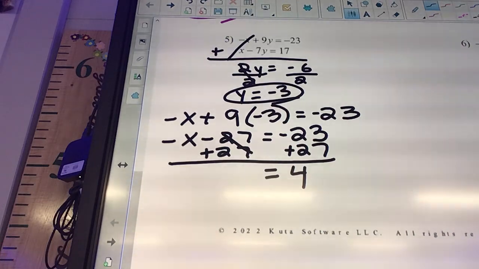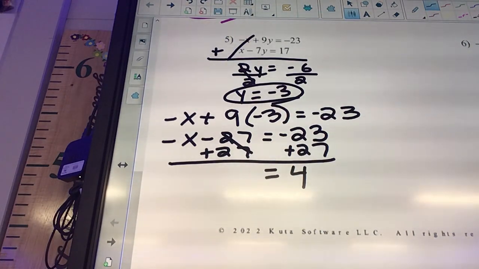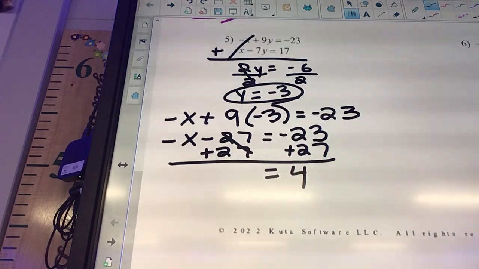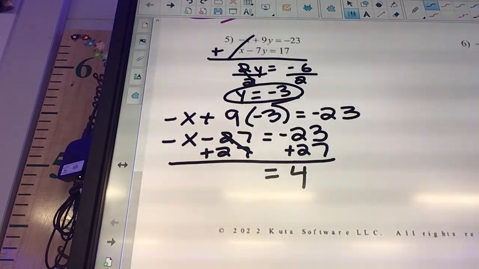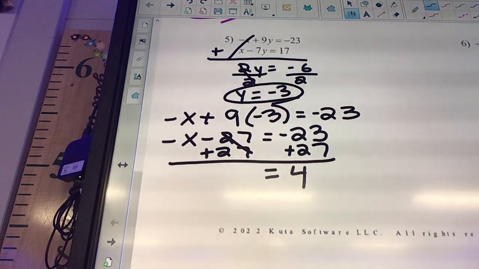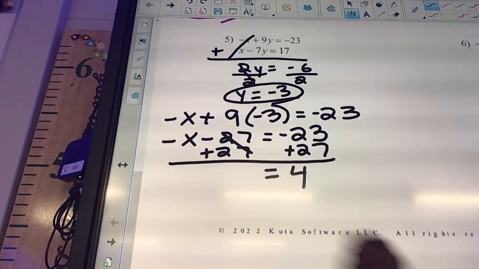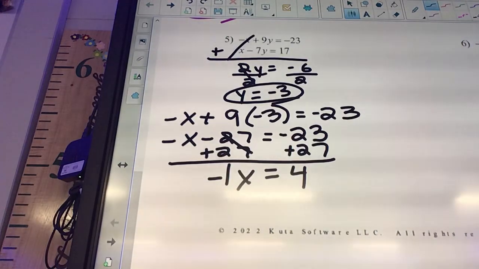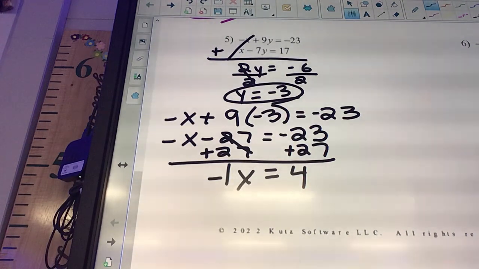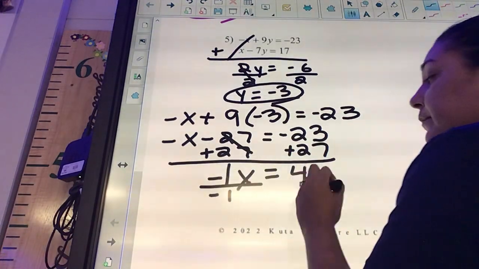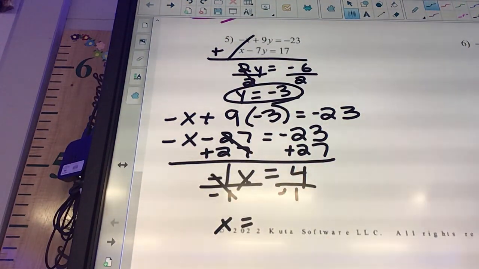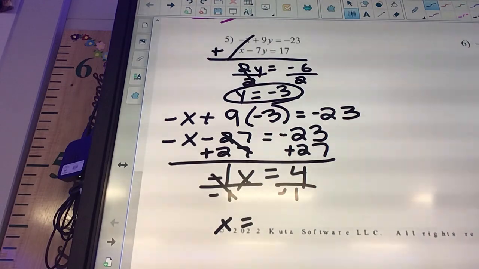Right now, what should it say? -x equals 4. Okay? Don't put x because there's a -x, which means what's in front of it? A 1. Okay, there's really a 1 right here. And so now what do you need to do? Yeah, we need to divide by -1. Okay, which is going to make it x equals -4.